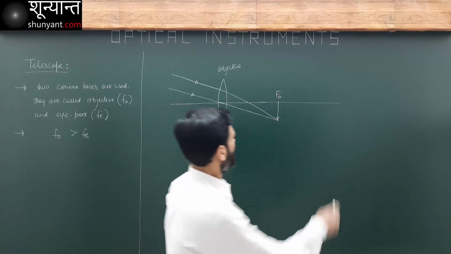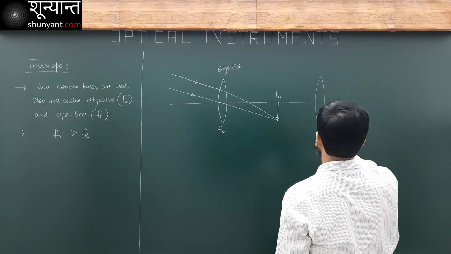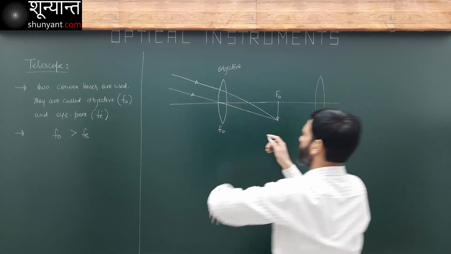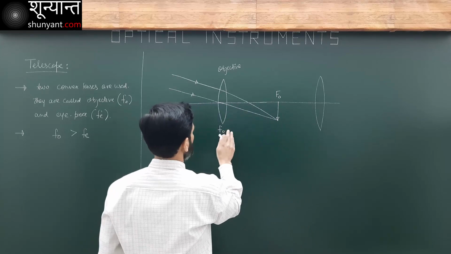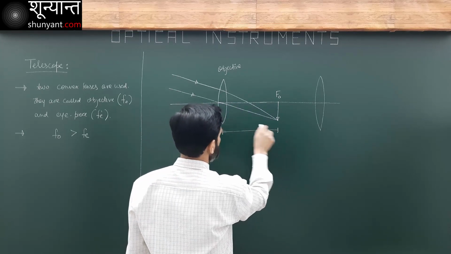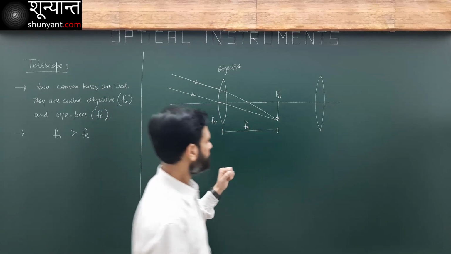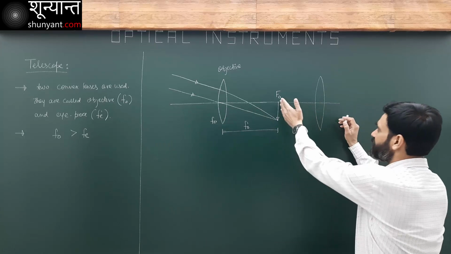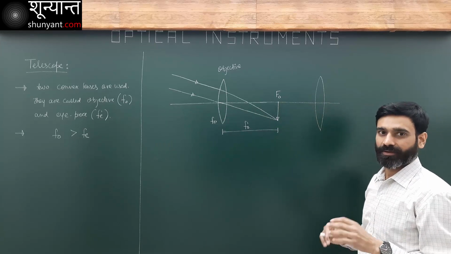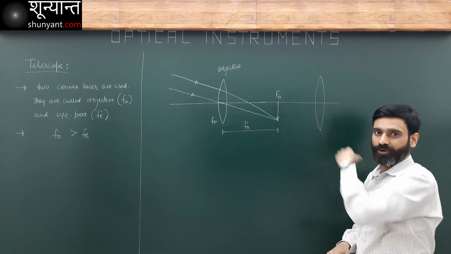Now I have one other lens. This distance here is always going to be fixed. What is this distance? This is FO. This distance is always going to be FO, in all the cases. This distance I can adjust. I can move this lens backward and forward.